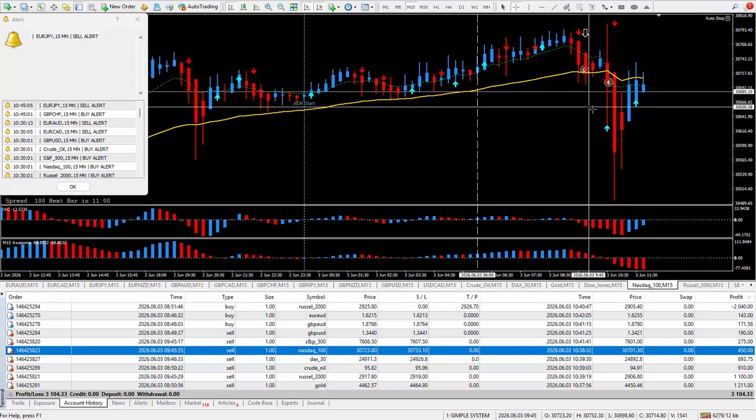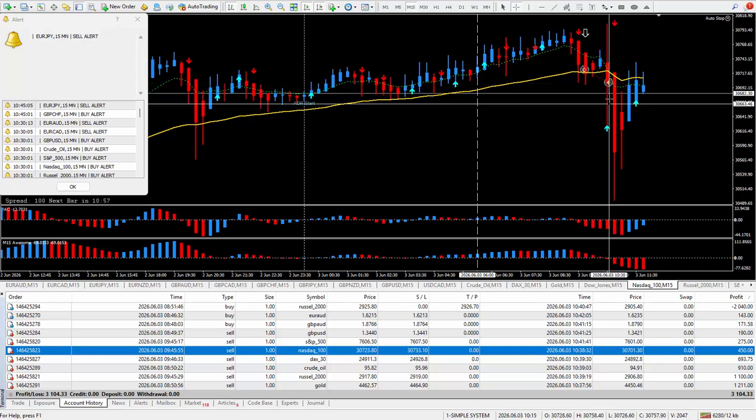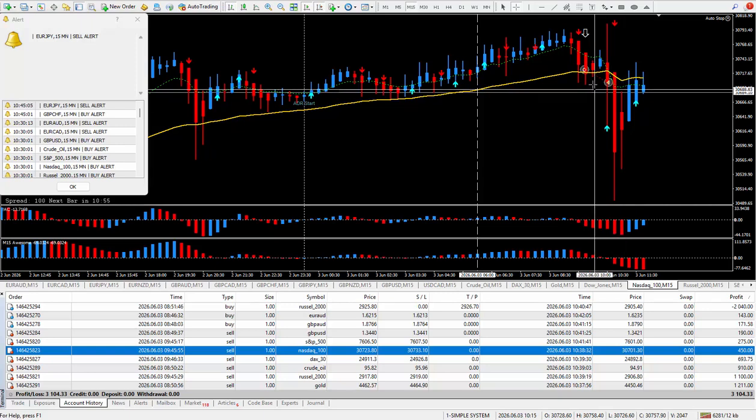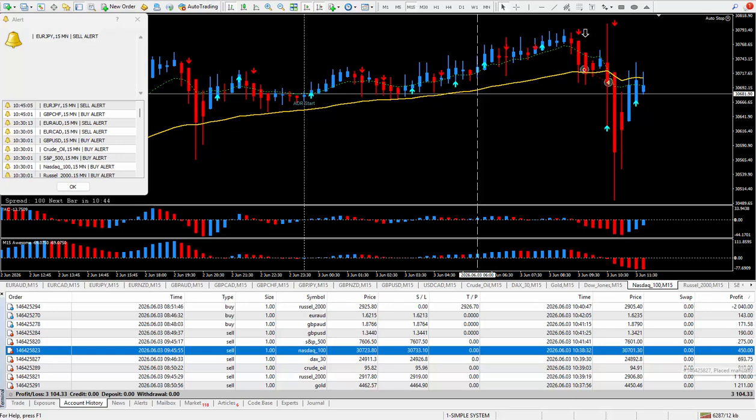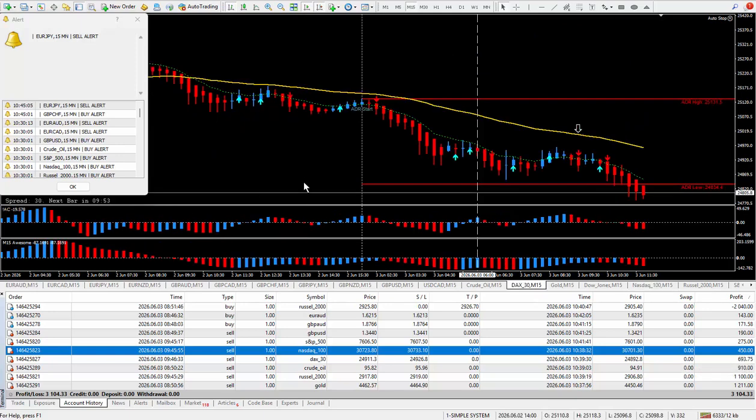It did some spiking, but after it settled down, it kept going in the direction I thought it was going to go. So we're looking for 22. There it is right there, 22 ticks, paying out $450.